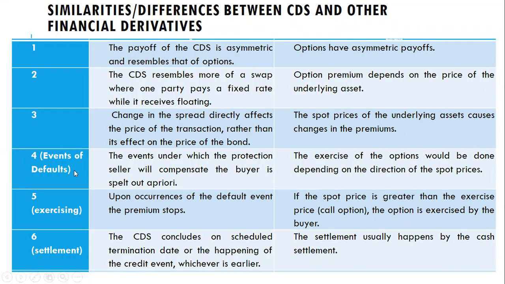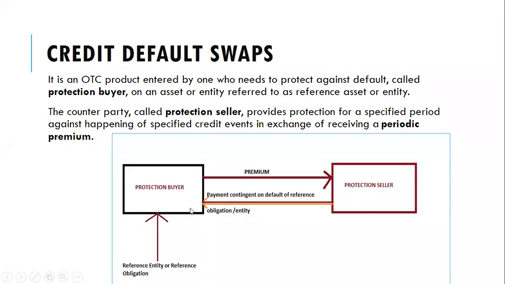In case of default only, the protection seller will compensate. If the default event doesn't occur, there is no need for you to exercise it. In terms of settlement, the CDS concludes on a scheduled termination date. So there is a specific date, and within that date, if the event happens, then the protection seller has to make that payment.